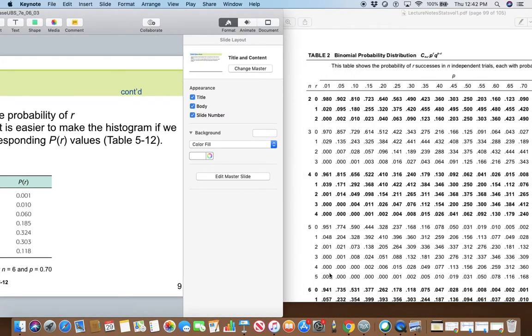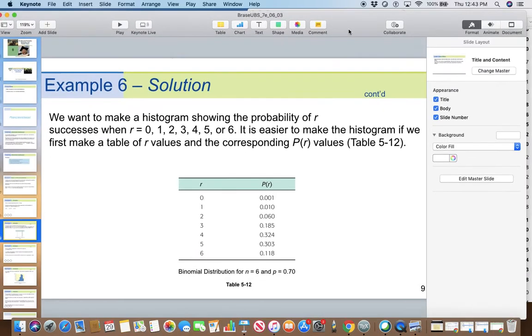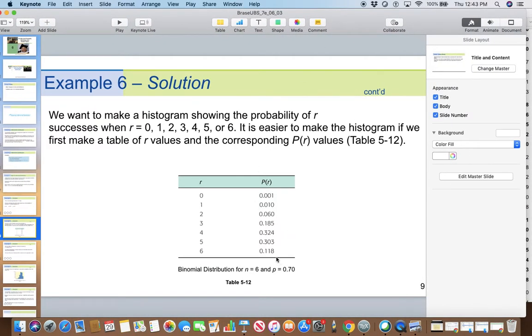Right? So 6 trials, so correct. So that's the column we are looking for. N equals 6, P equals 0.7.